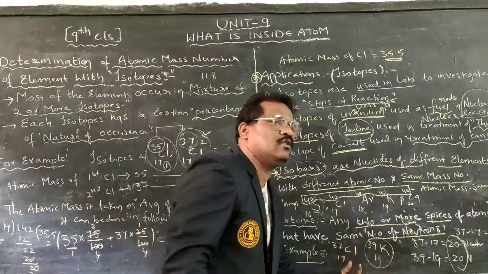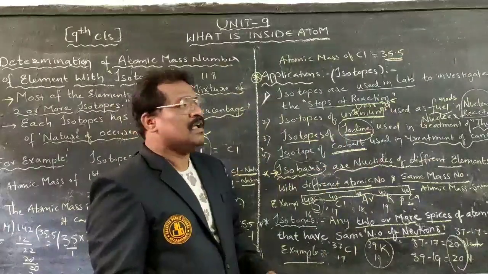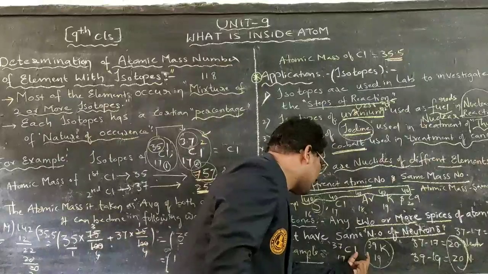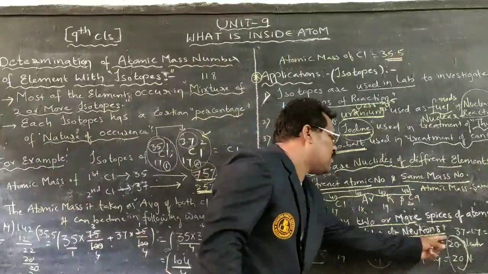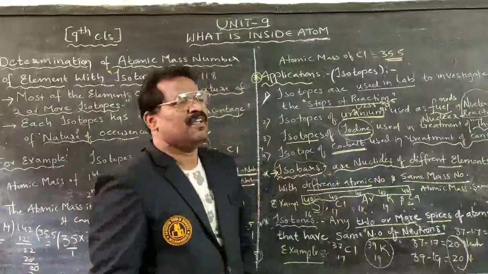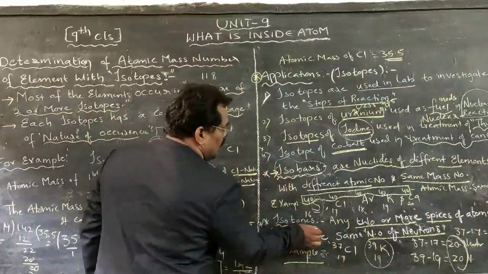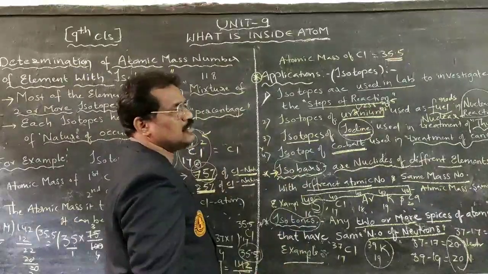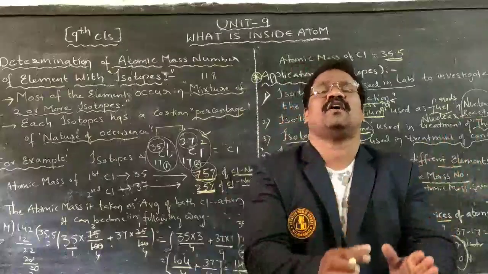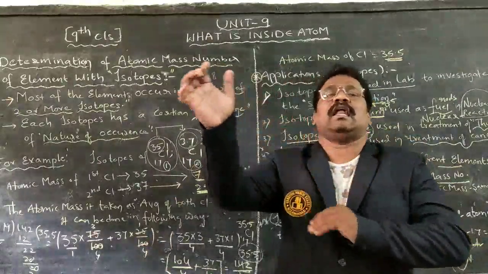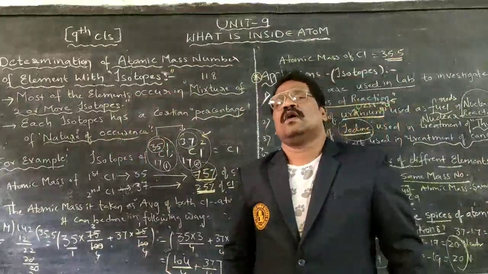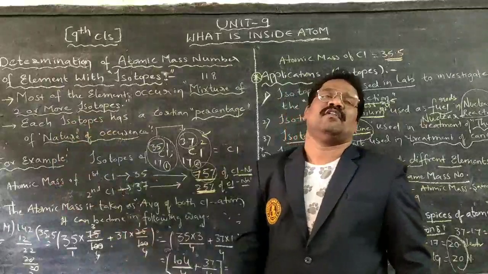Between two different species of atoms having the same number of neutrons, we call them isotones.